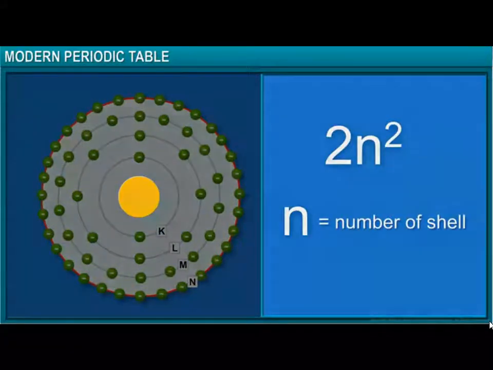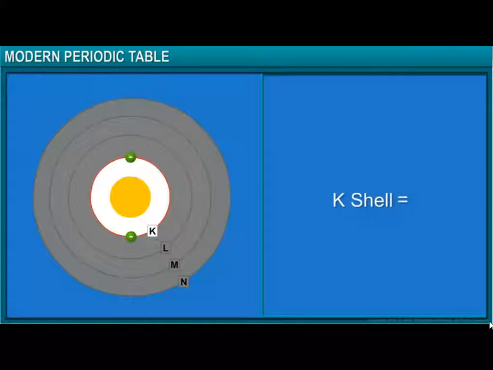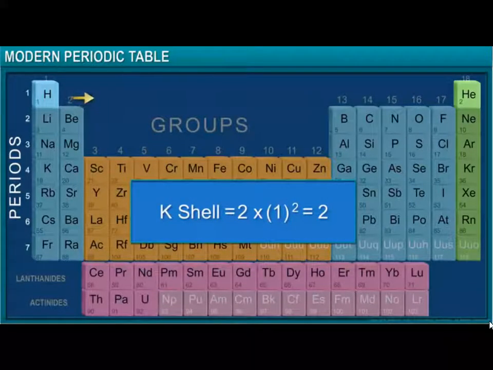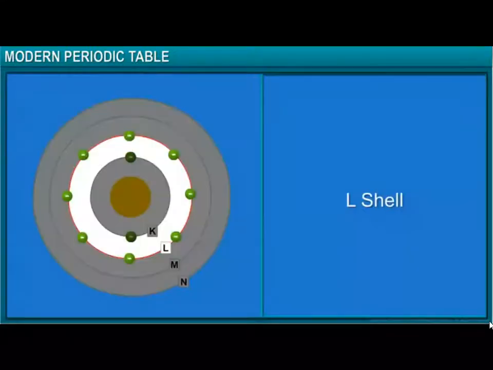For example, K shell is equal to 2 multiplied by 1 raised to the power of 2, which is equal to 2. Hence, the first period has 2 elements, that is, hydrogen and helium.